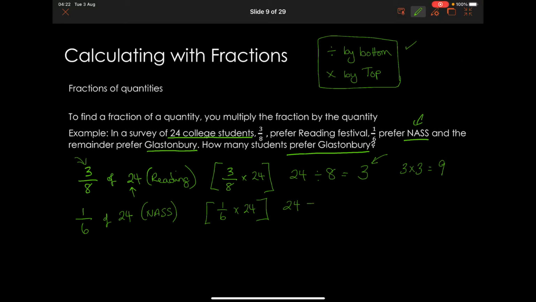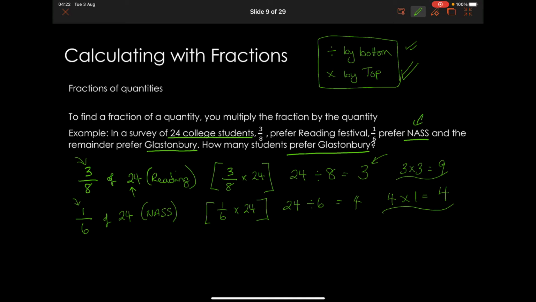So divide by the bottom. Sorry, I didn't tick that here when we times by the top, but there we go. 24 divided by 6 is 4. And then times by the top, the top number was 1. So really you don't have to do that, but 4 times 1 is 4. So there you go. 4 people prefer Nass and 9 people prefer Reading.